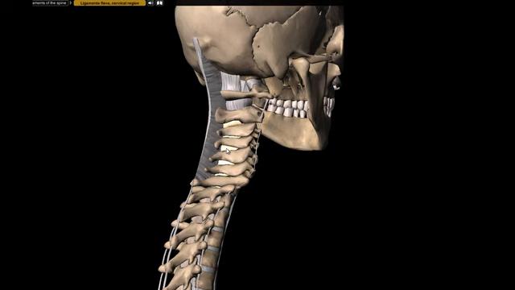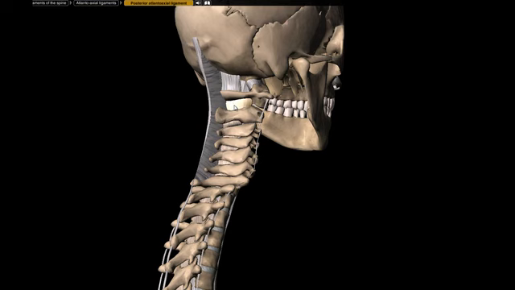deep to the vertebrae and bordering the posterior aspect of the spinal canal, is the ligamentum flava in the cervical region, again going from level to level, same ligament that we saw in the thoracic spine and the lumbar spine. A little more superior though is the posterior atlantoaxial ligament.